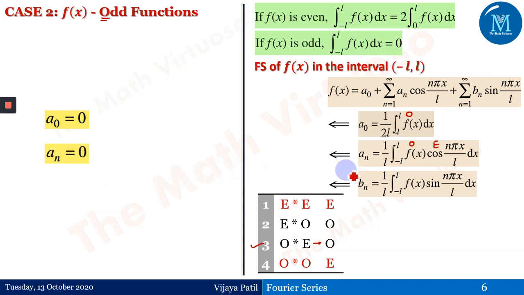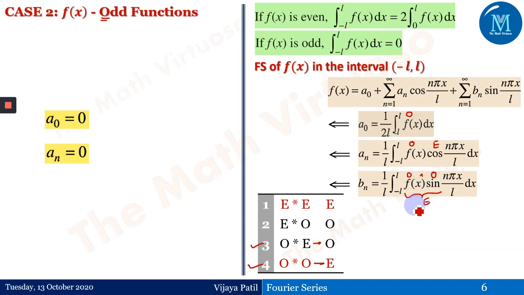The third coefficient, bn: this f is odd, right? Sine is also an odd function, and therefore the product of two odd functions is going to be an even function.